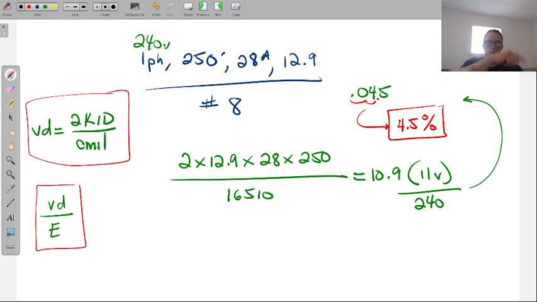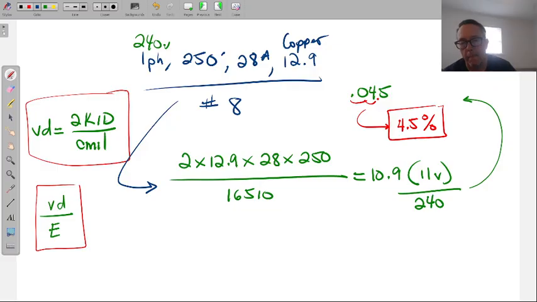So let's fall back one. Question 1 said single phase, 250 feet away, 28 amps was the circuit. This was again for copper, unless otherwise mentioned. We go with that. And then the number 8, everything there turned out like that. And that means multiply, divide by, and again, we found the number 8. I'm just walking us through the whole thing, making sure everything is covered.